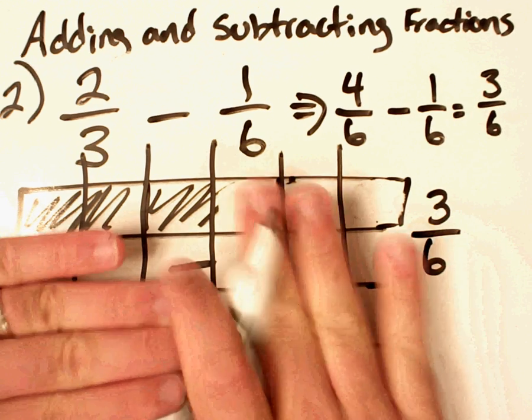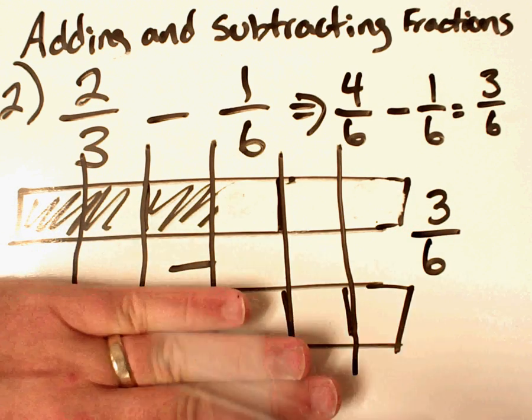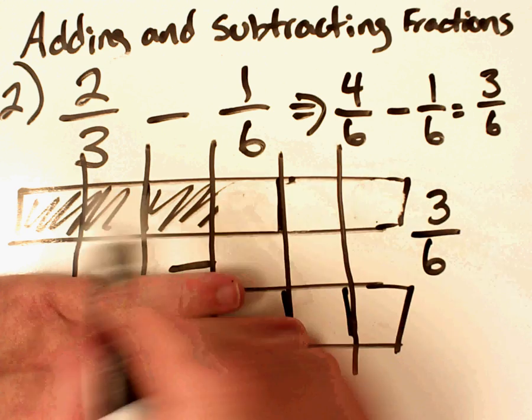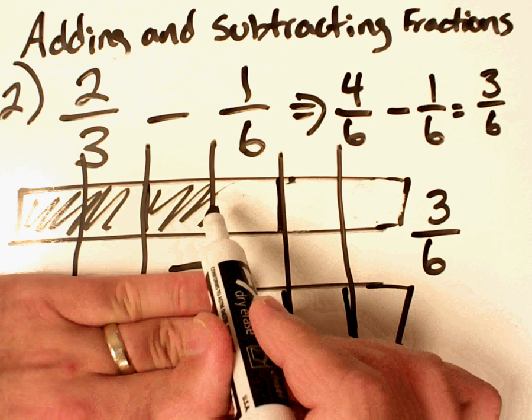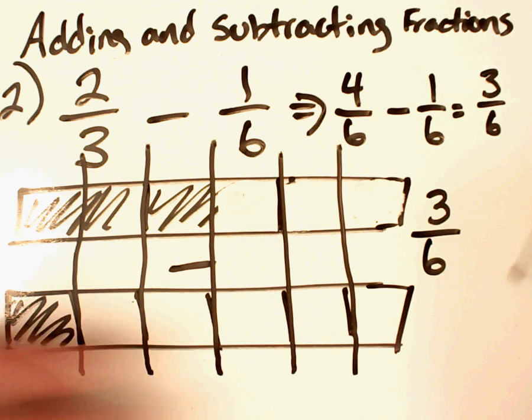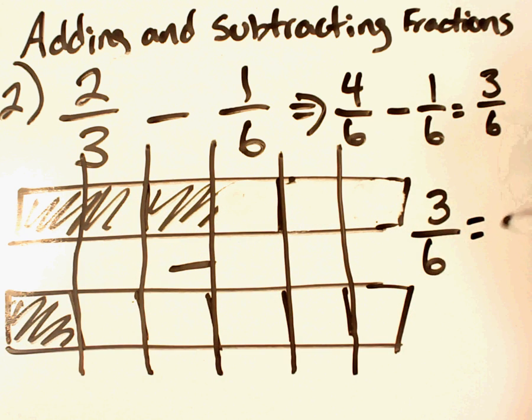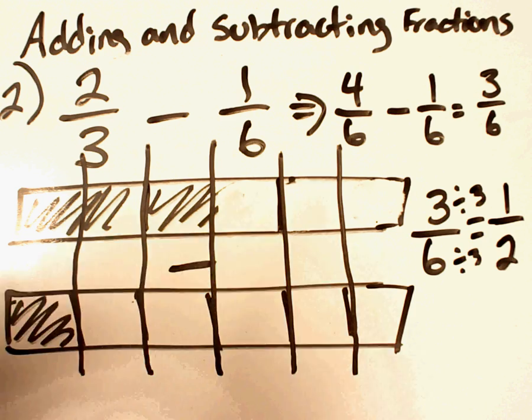As we can see from this model on the top, because here's my answer now that I've taken away the 1/6, this picture should look very, very familiar, because 3/6 is equivalent to 1/2. Now, if we didn't have the model, the way we could do that is we just divide both top and bottom by 3. And that gives us 1/2 as our equivalent fraction.